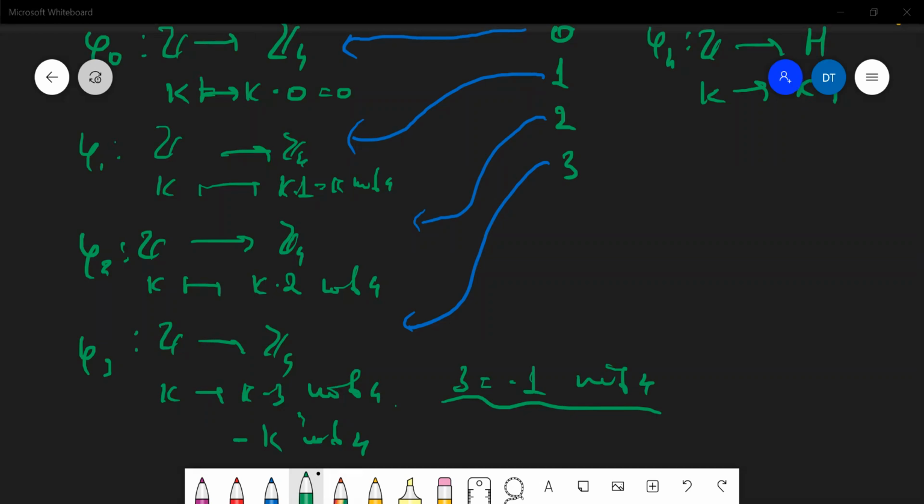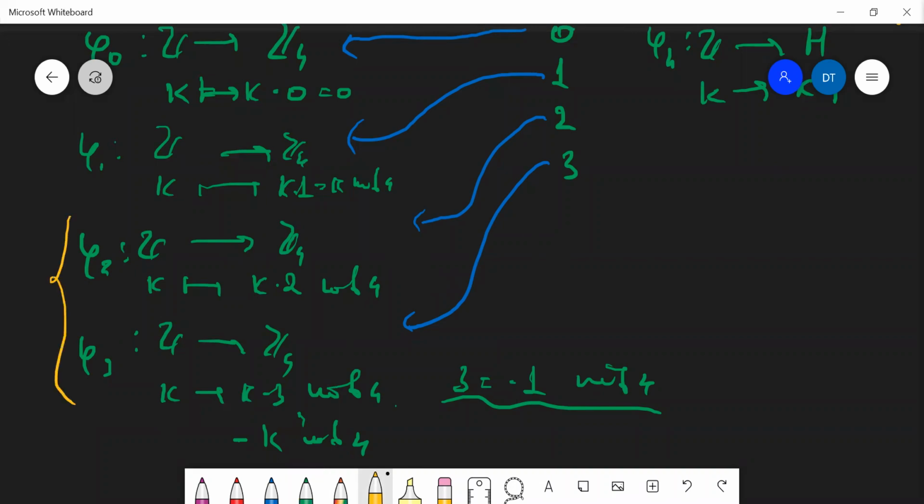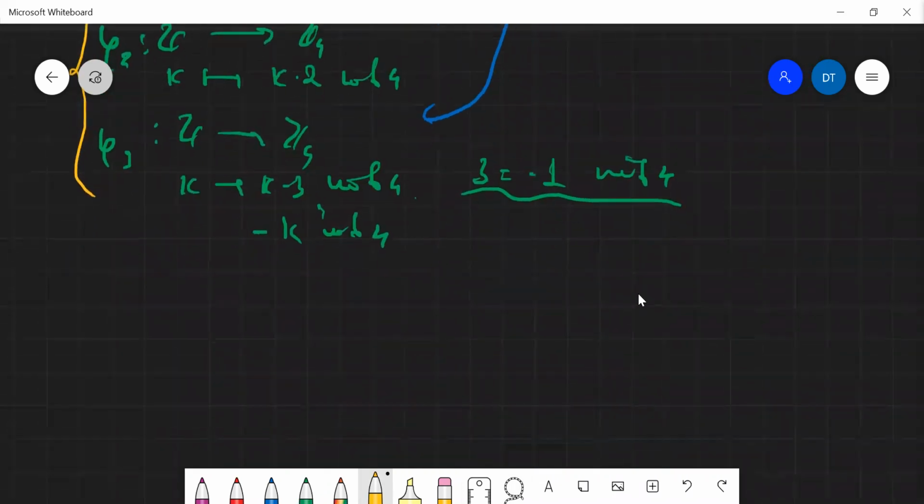Good. Then let's try to compute something else. Let's try to compute a kernel and the image of one of these homomorphisms. For example, let's take these ones. And we will recall the definition.